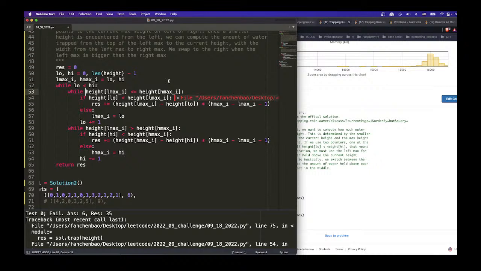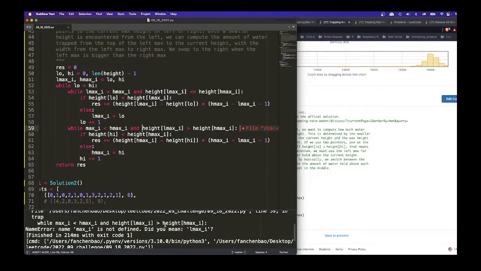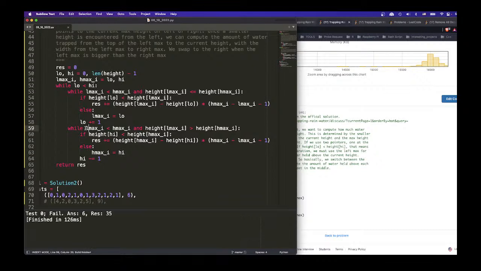I'm going to say L max I has to be smaller than H max I. Oh, still not right. The hell?